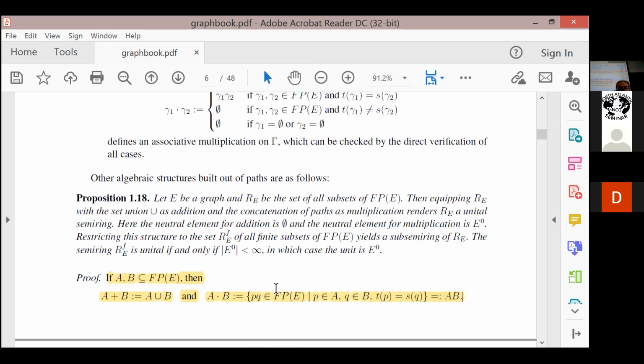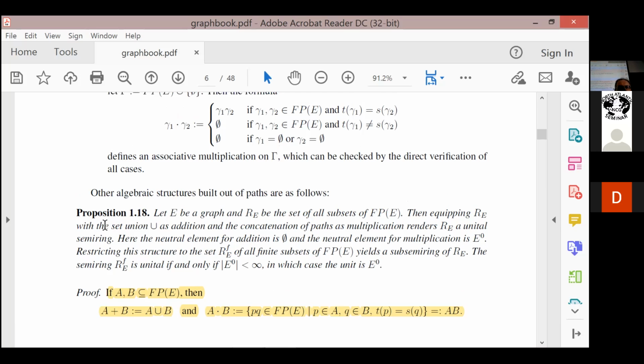If you would like to use, instead of FPE, the semi-ring gamma, which is defined just above, then I could just say this is the semi-ring multiplication. But then that's not the same. You're right, and I'm not doing it.